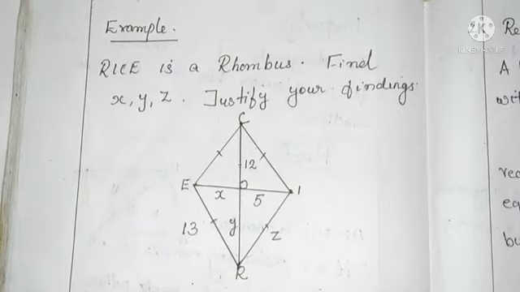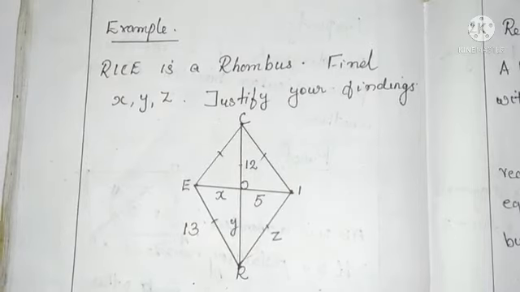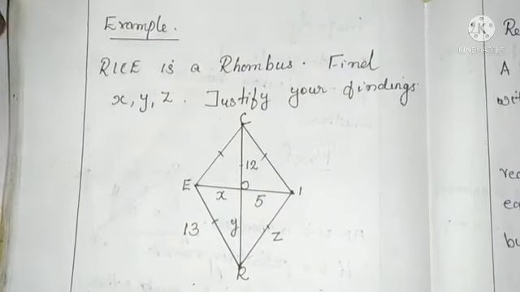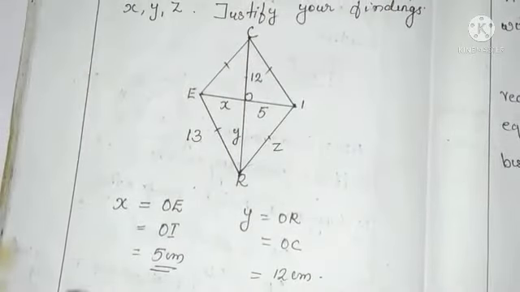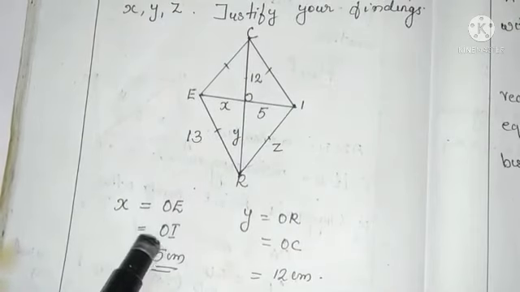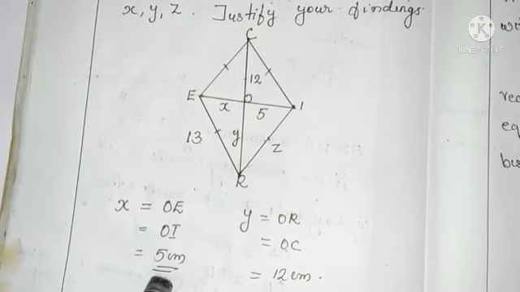So x equals 5 centimeter, because EO and OI are the same. That means we can write the reason: x equals OE, which is equal to OI, 5 centimeter.